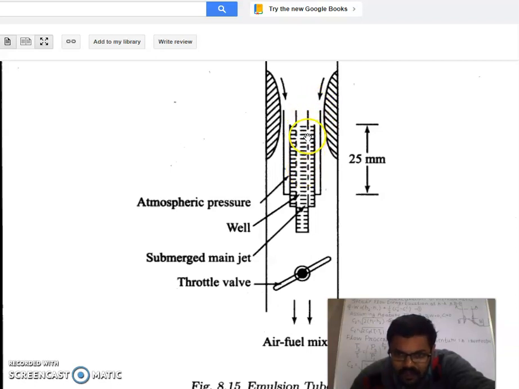So when this hole is uncovered, the air will start to enter from this side, and it will take more fuel with the engine speed, and if the speed increases further, more air will come. So this fuel level starts to decrease, and with the decrease in this fuel level, these holes will uncover, and with the uncovering of these holes, more air can now enter into this tube, in this well.